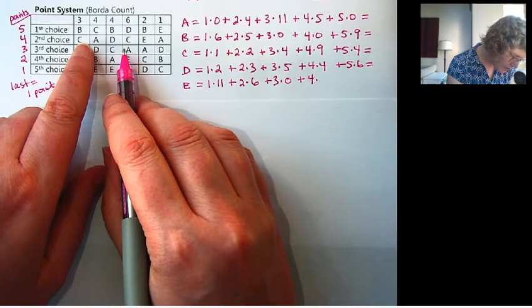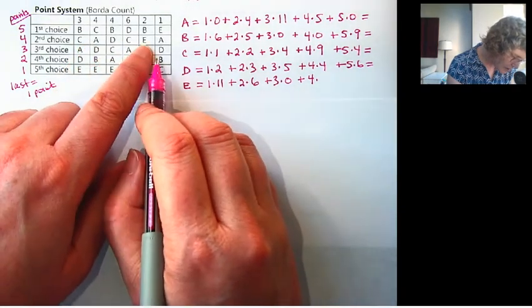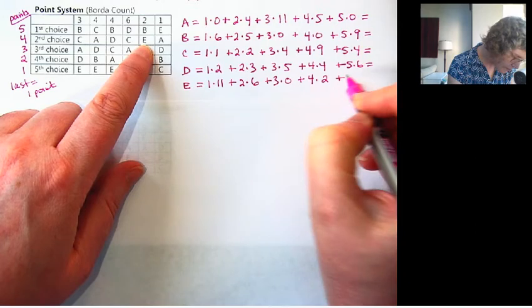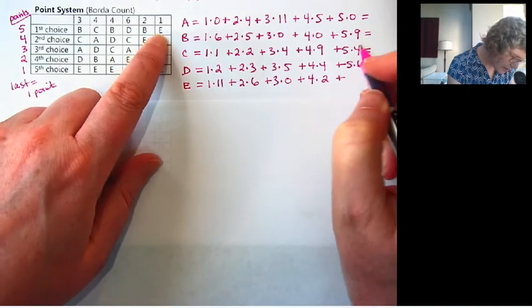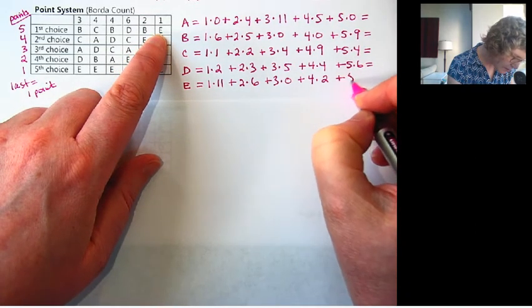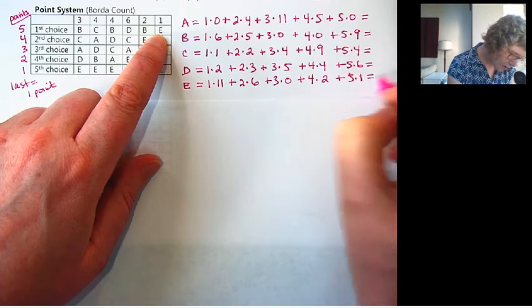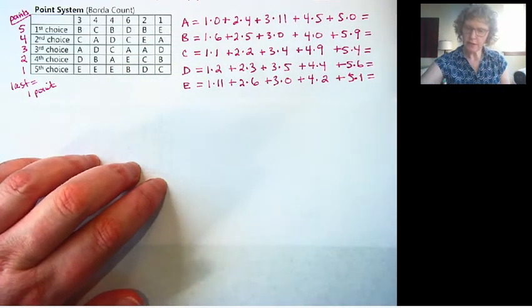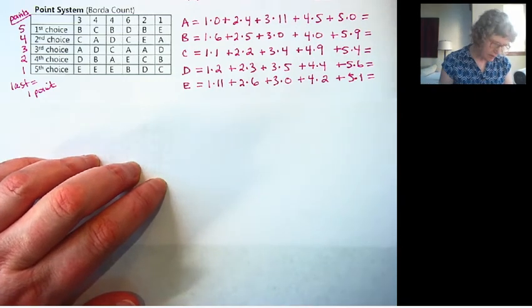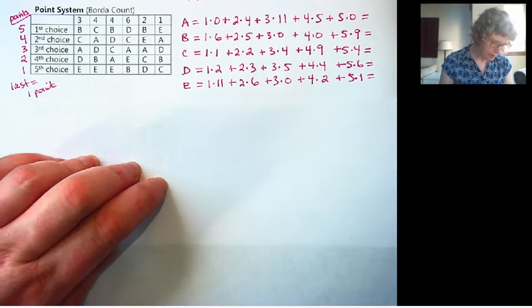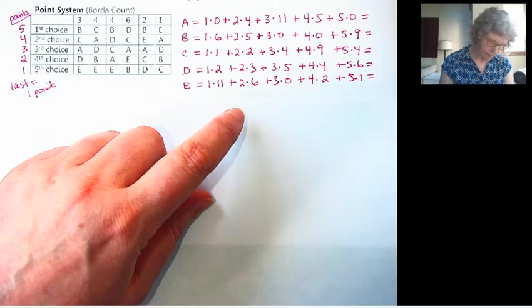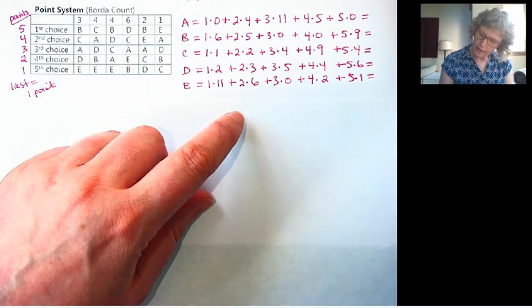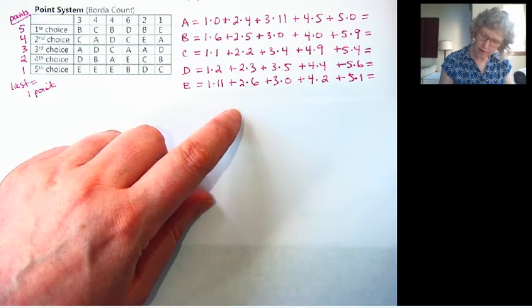Plus 4 times 2. Plus 5 times 1. If you want to calculate these, you are welcome to do that. I'm just going to check real quick to make sure I didn't make any mistakes. And then I have them already totaled up.